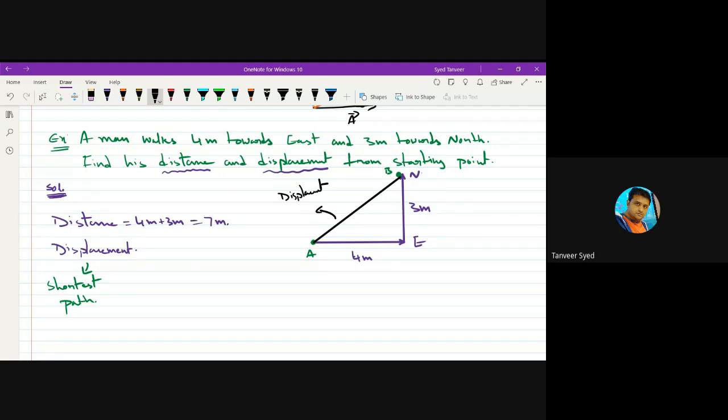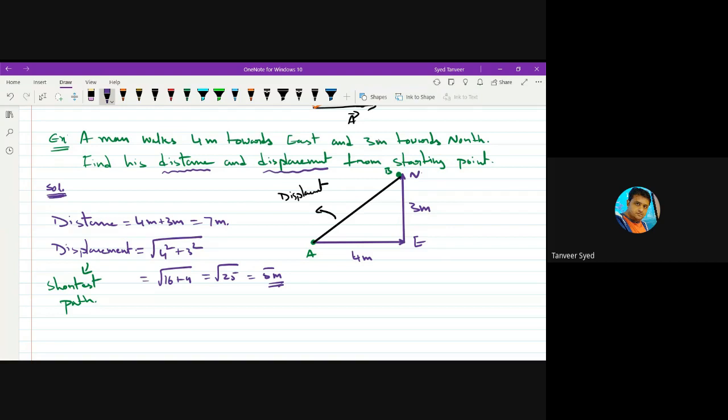And if I apply Pythagoras theorem here, I can write this displacement as square root of 4 square plus 3 square, which is 16 plus 9, 25, square root of which is 5 meter. So even though his distance covered is 7 meter, his displacement is only 5 meter.